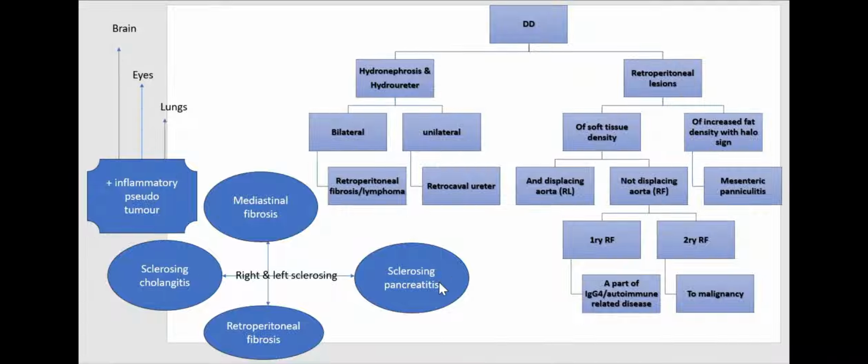Left sclerosing is sclerosing pancreatitis, or autoimmune pancreatitis. Okay, up and down fibrosis is mediastinal fibrosis and retroperitoneal fibrosis.